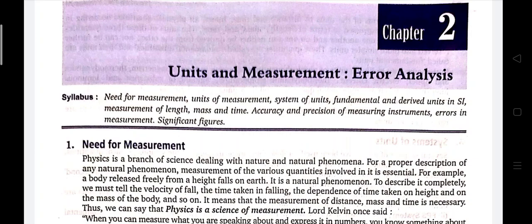Since the board has reduced the syllabus, much of the syllabus has been reduced. Error analysis is no more in your syllabus. I have already given you the new PDF of the reduced syllabus that is given in your group. Please follow that. So the first thing we are talking about in the chapter Unit and Measurement.